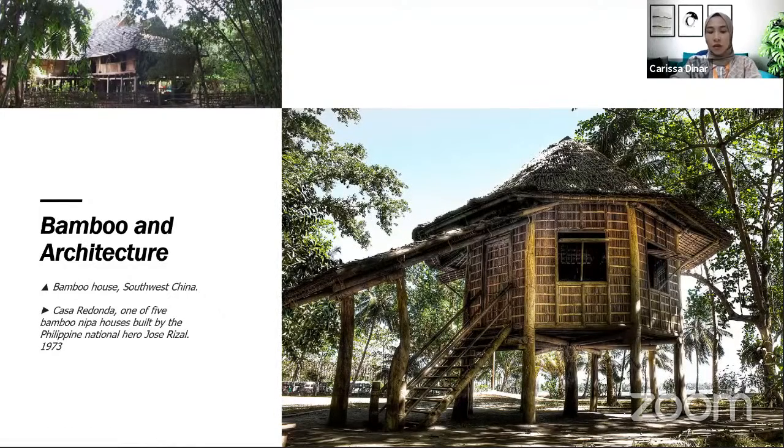One of the most famous is Casa Octagonal, an octagonal house that served as the quarters of Rizal's students and a clique, as you can see in the right picture.